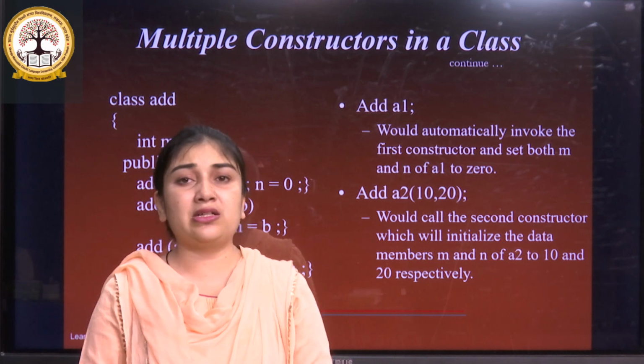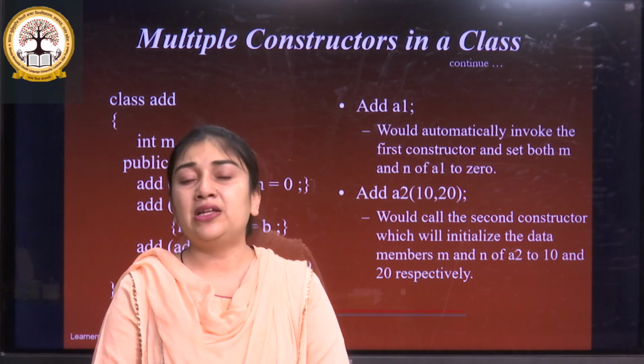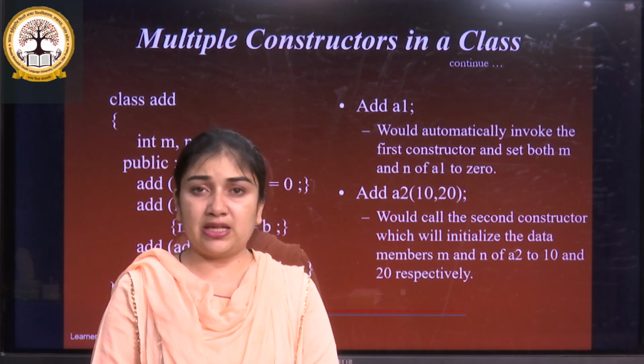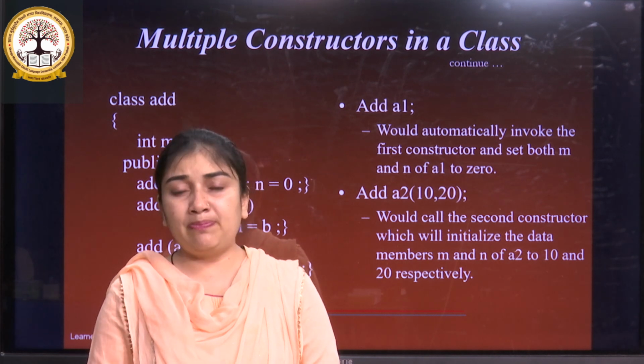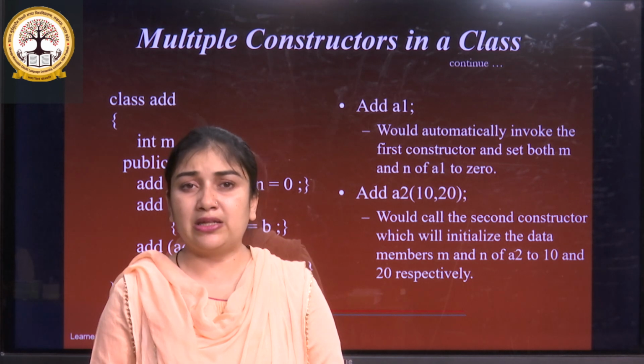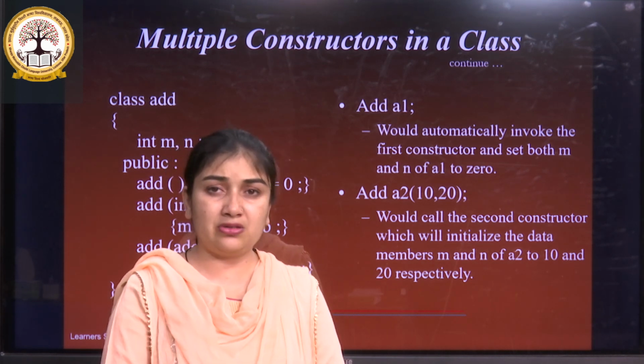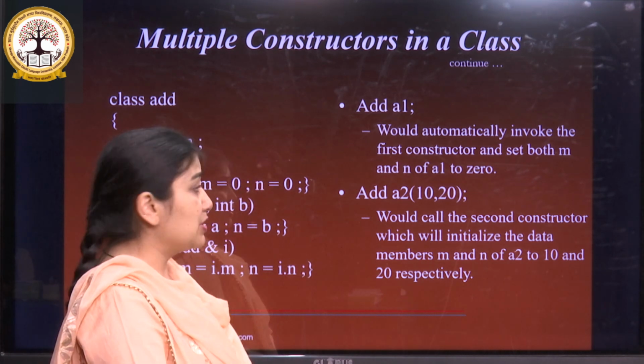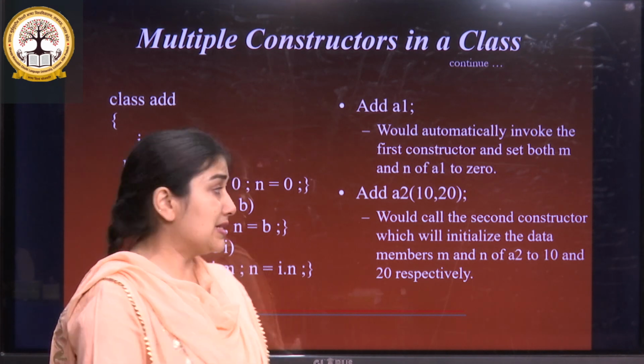But as I said, it is not always necessary that we initialize the objects to the same value, 0. It depends on the situation and on the user what values we pass to the constructor function. That is where the role of the parameterized constructor comes in.